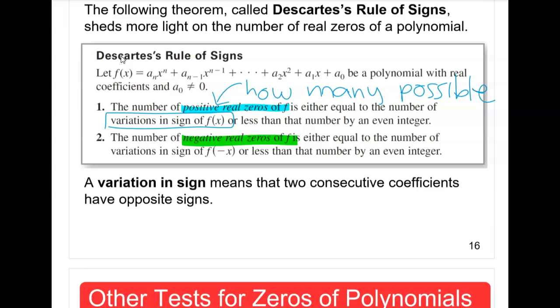Now, to find the possible negative real zeros we can have, we find first f of negative x. So remember, we replace x with a -1 for every single x. And then we count the variations in sign of that.